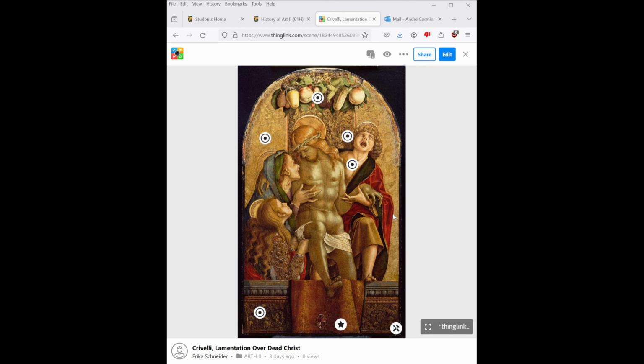Fruit is also a common symbol in Crivelli's works, with the attributed inspiration being from the Old Testament Psalms, where one line says, "I will set on your throne a son, the fruit of your womb."